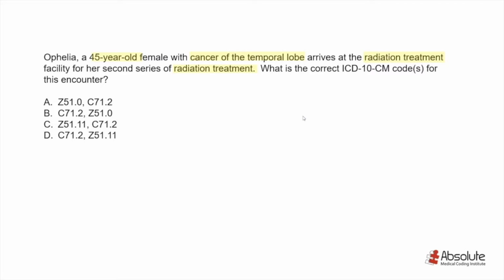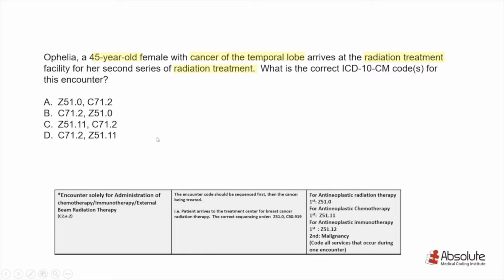Because using the guideline, I can eliminate a few options here on sight. Yes, the guideline referred to here is C2E2, which is for encounter solely for the administration of chemotherapy, immunotherapy, external beam radiation therapy, which states that if the encounter is for the radiation therapy, sequence first Z51.0.